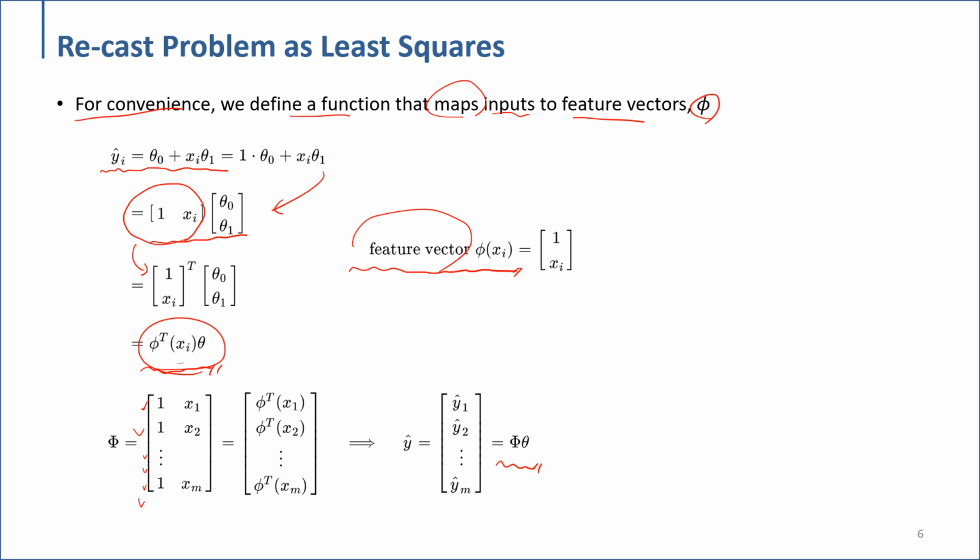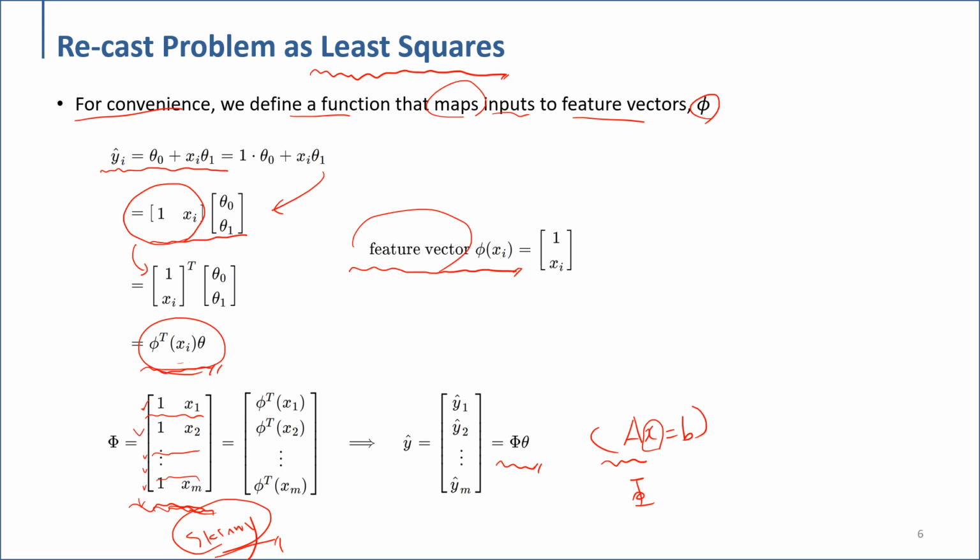As you can see, this matrix form is equal to the Ax equals b form, where the A matrix, which is the phi matrix, has a very skinny form. Our objective is finding x, and we know how to solve this skinny case, right? To solve this skinny case, we can use the least squares method.